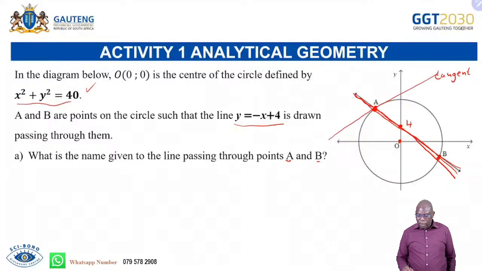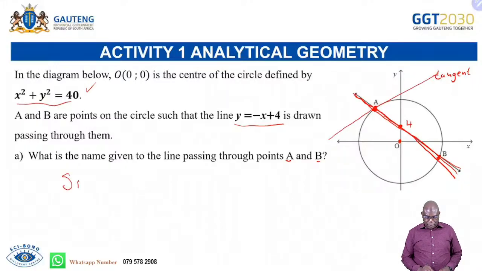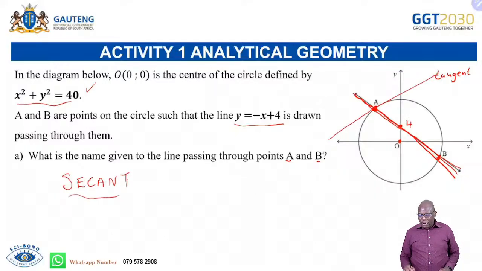But what do we call a line that touches the circle at 2 points? This line is called a secant. So a secant is a line that touches the circle at 2 points.